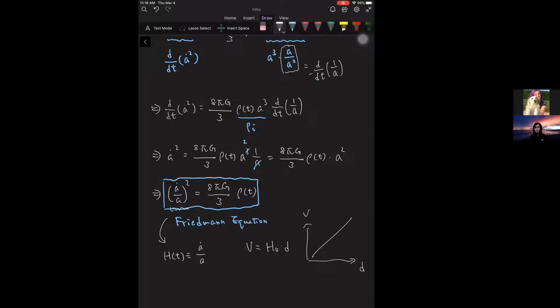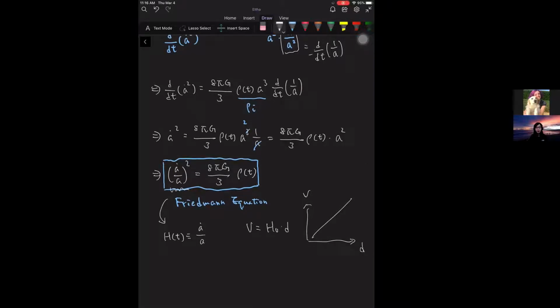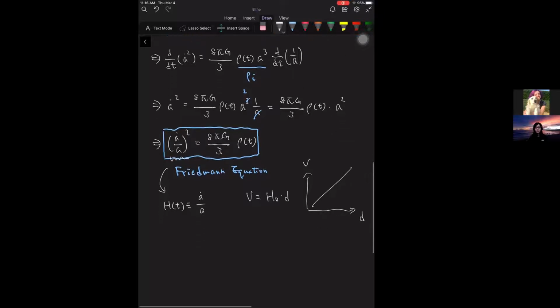By considering a particle at the boundary of the expanding universe, we can calculate the proper distance of that particle. It should be very simple. The proper distance is basically just a of t times dr. So we can write the proper distance as a of t, integrating from 0 to r, and that is just a of t times r.